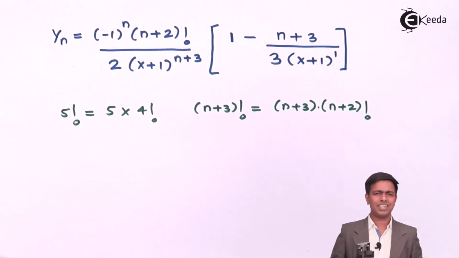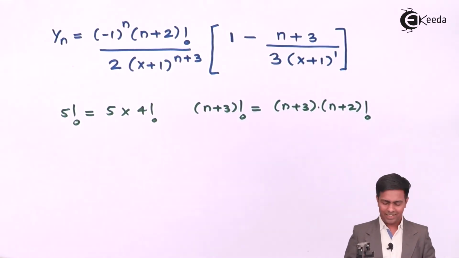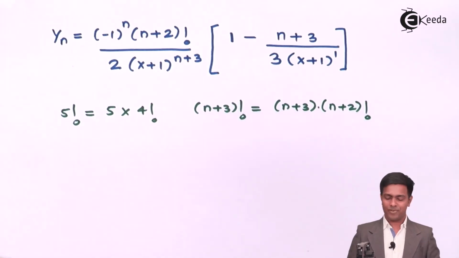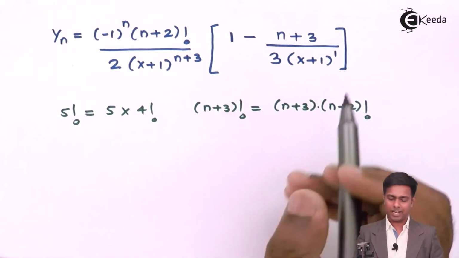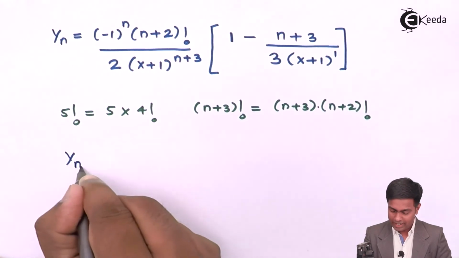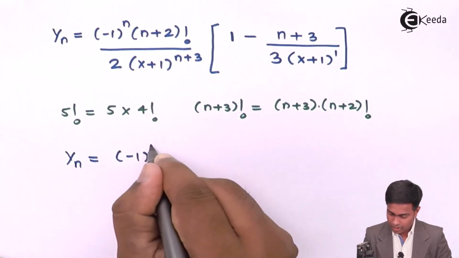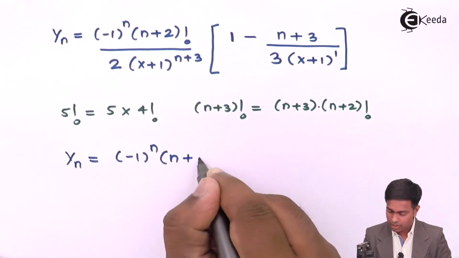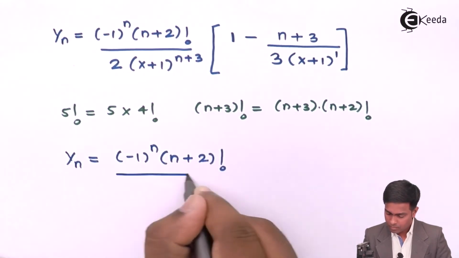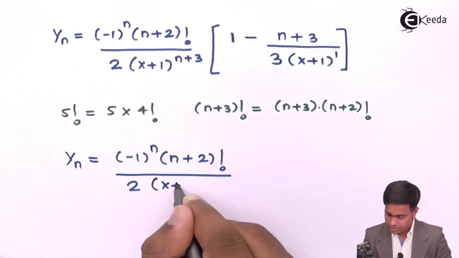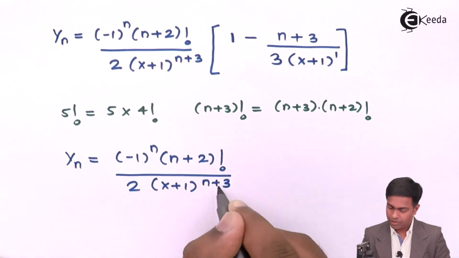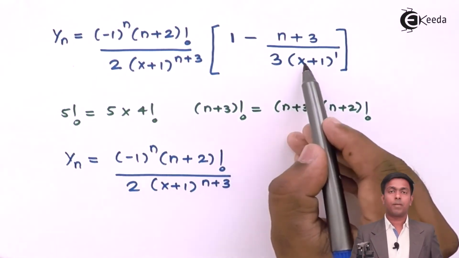These are the basic things which we have done in 7th standard, and I'm sure that you all know these things. Now guys, that's the last step where we have to simplify this bracket. So we'll get the value of yn as minus 1 raised to n, n plus 2 factorial is going to remain the same, 2 by x plus 1 raised to n plus 3, and here this is 3x plus 3.